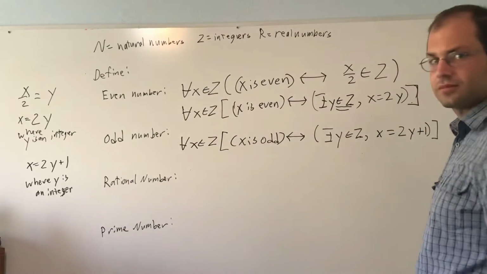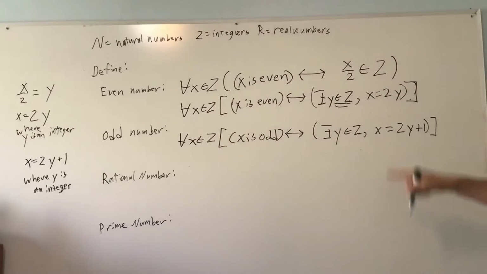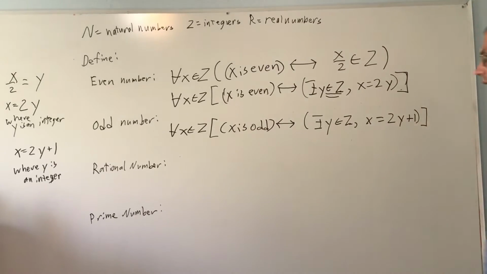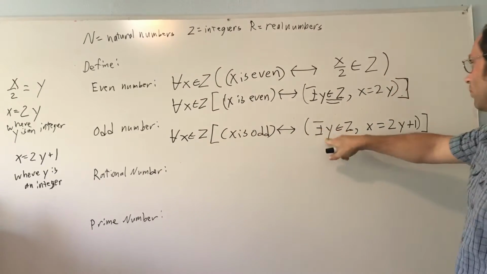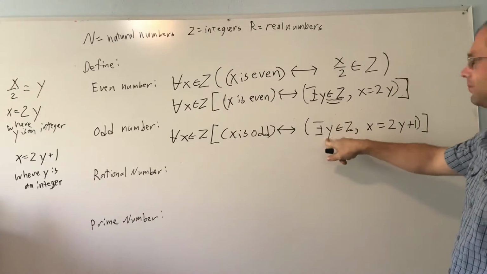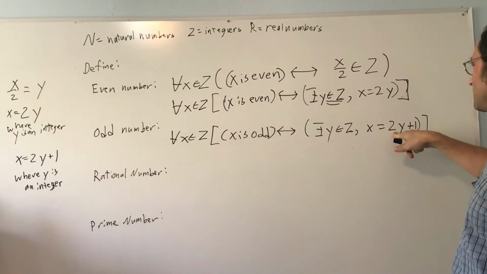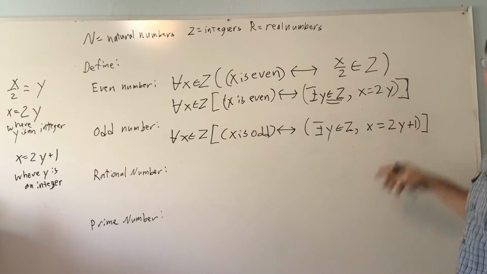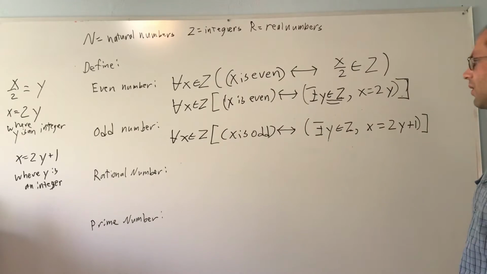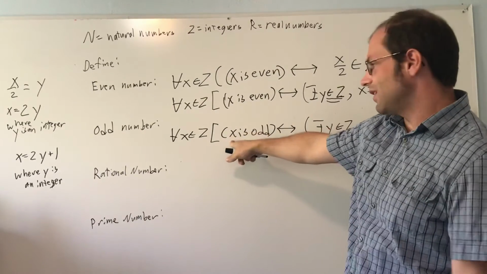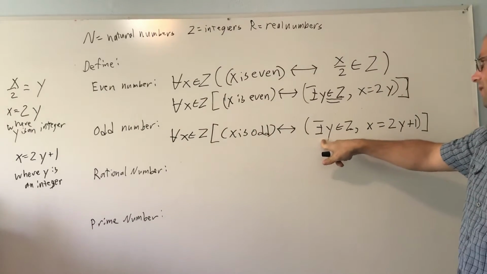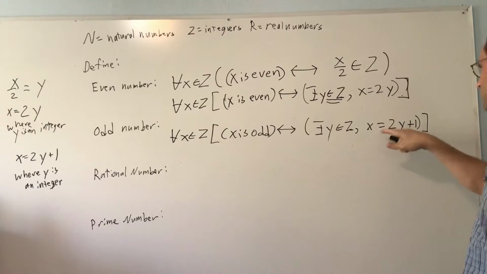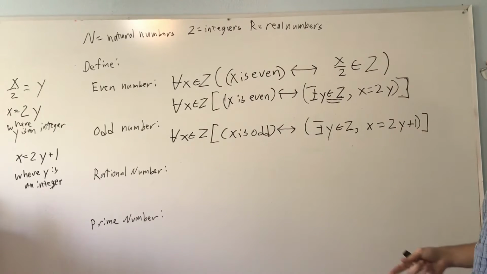All right? And so say that x is 15. Well, then y would be 7 because 2 times 7 plus 1 is equal to 15. Or say that x is negative 65. Well, then y could be negative 33 because negative 33 times 2 is negative 66.